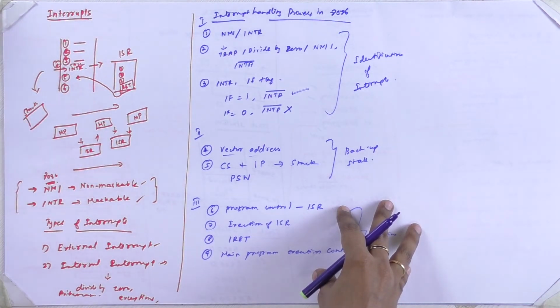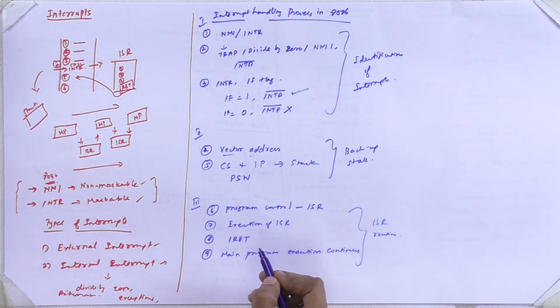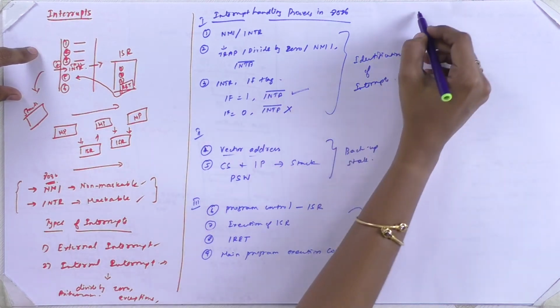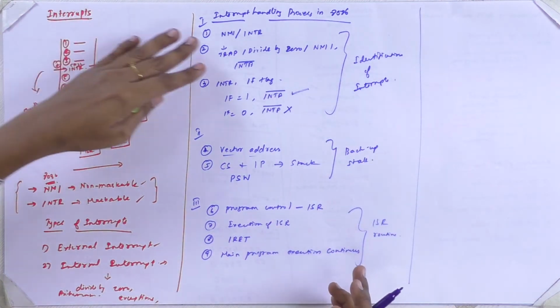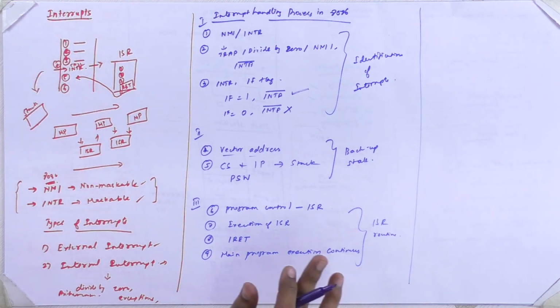At the end of every ISR there will be an IRET instruction. Whenever a microprocessor executes this IRET instruction, the ISR is completed and the program control is shifted to the main program by retrieving all the contents from the stack. So this is the concept of the interrupt handling process in the 8086 processor.